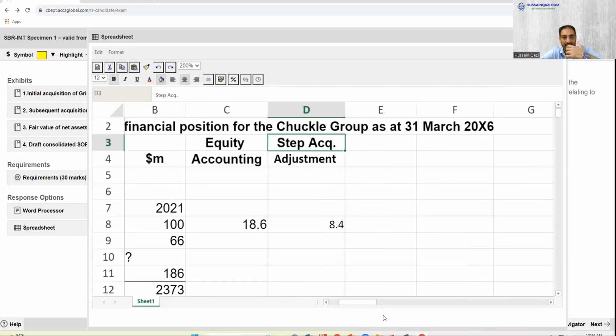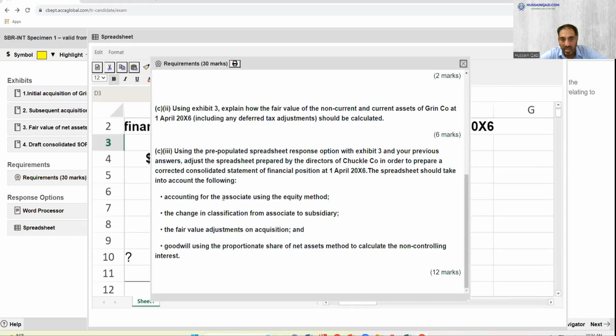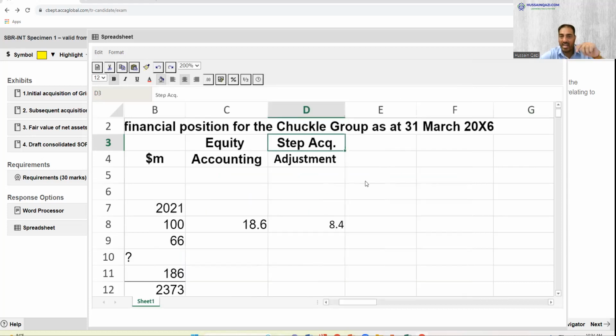Okay, next. So second, accounting for associate done. Change in classification from associate to subsidiary done. Now it's about the fair value adjustment. This fair value adjustment is required to calculate the goodwill, also useful for goodwill calculation.